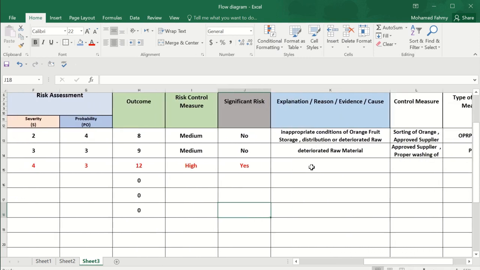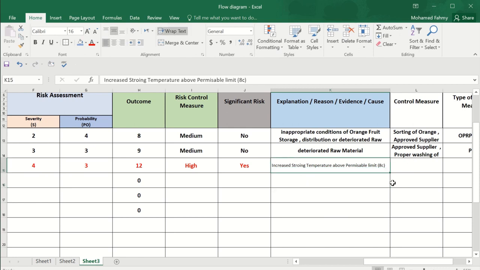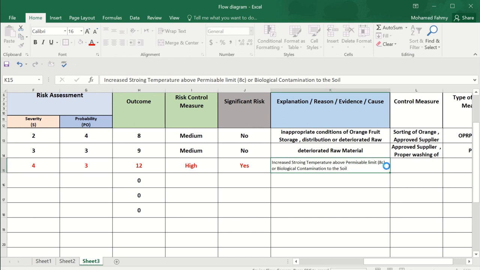The reason is increased storing temperature above the permissible limit, for example 8 degrees, or biological contamination from the soil, whatever the cause.